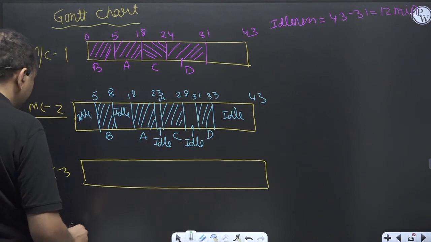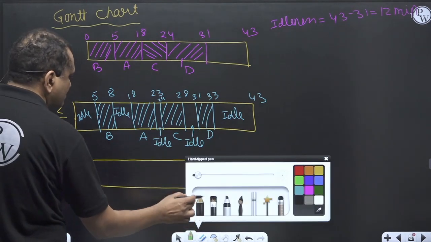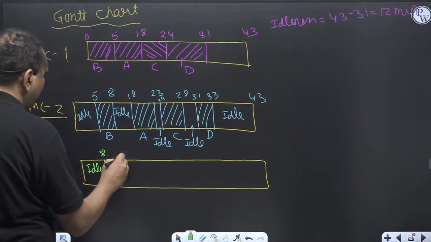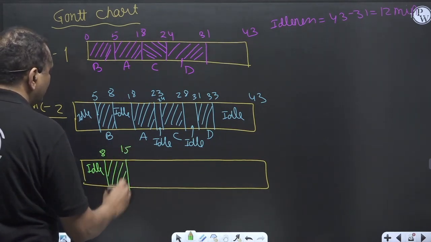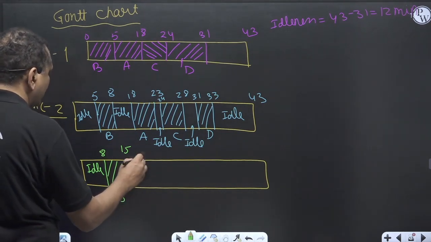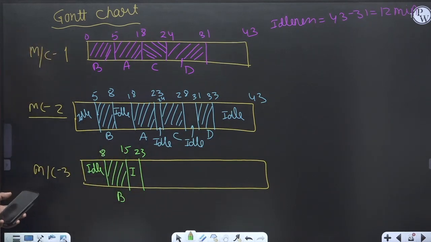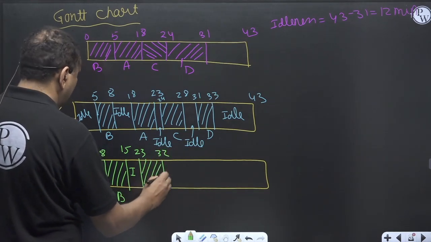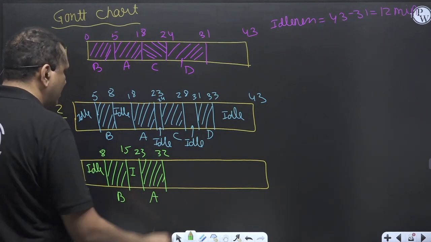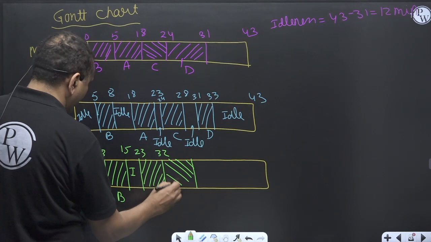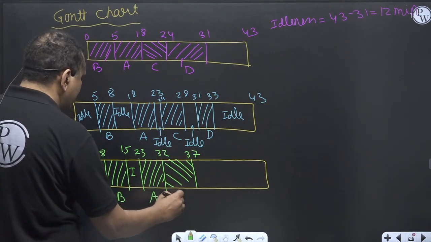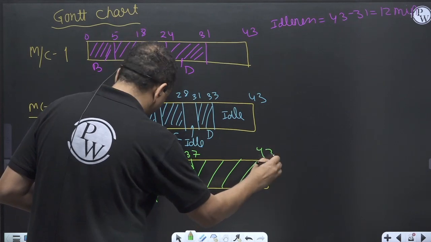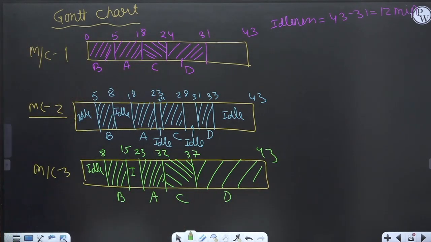Now coming to machine 3, 0 to 8 it's idle. 8 to 15 it's B. 15 to 23 is also idle. 23 to 32 it's A. 32 to 37 it's C, there is no idleness in between now, and 37 to 43 it is D. Correct?